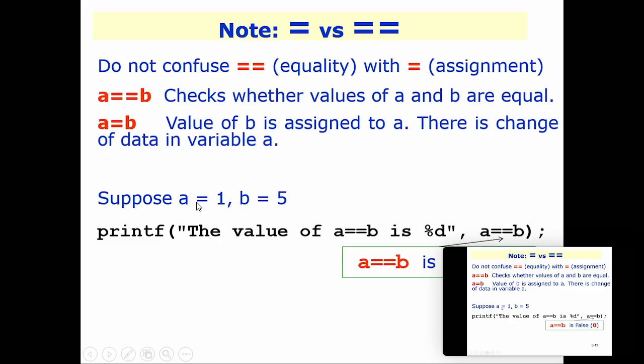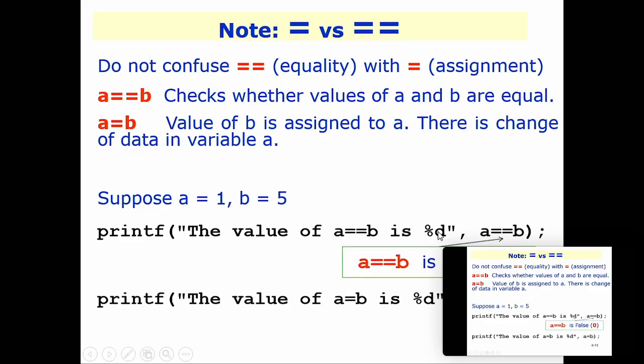Okay, now A equals 1, B equals 5. Then you have a printf function. You want to display the value of A equal to B. Then you have this operation. Eventually you will display the 0 value because A is not equal to B. What about this?